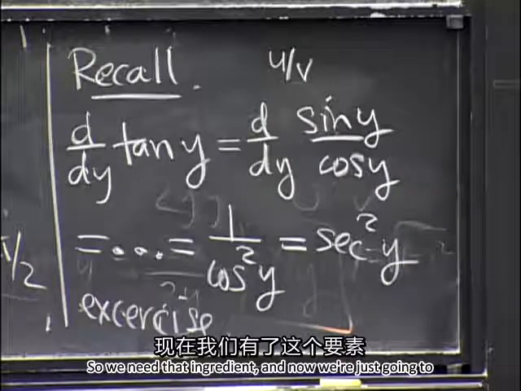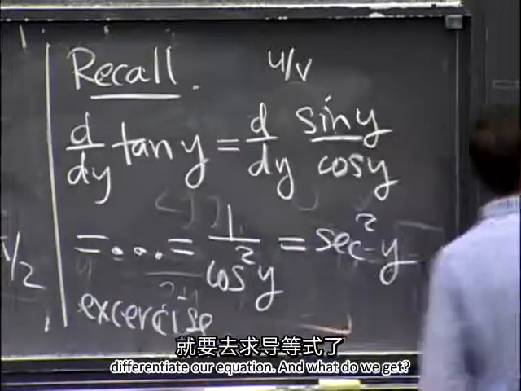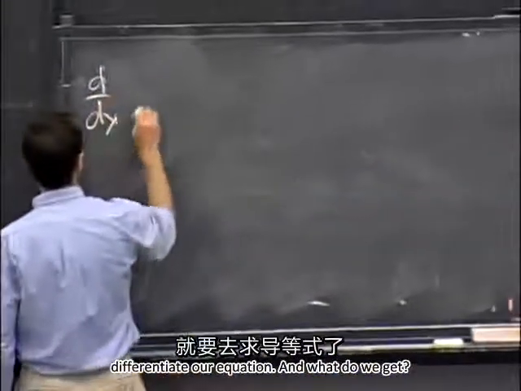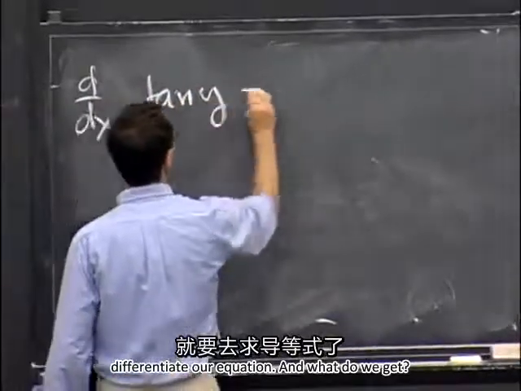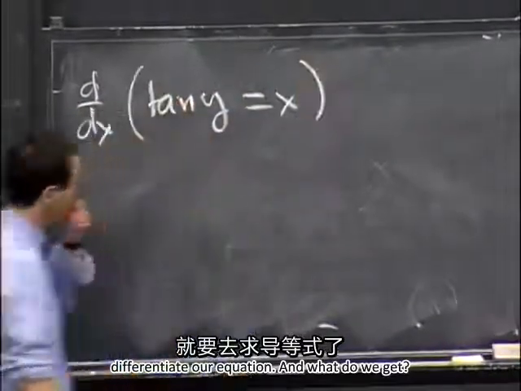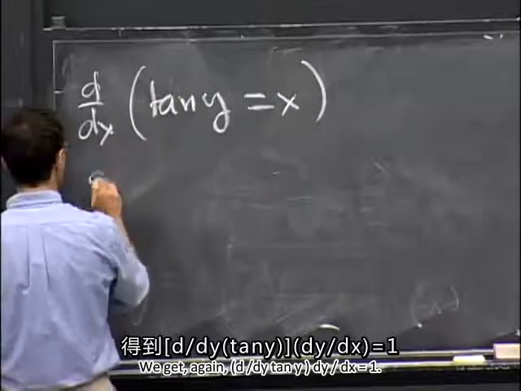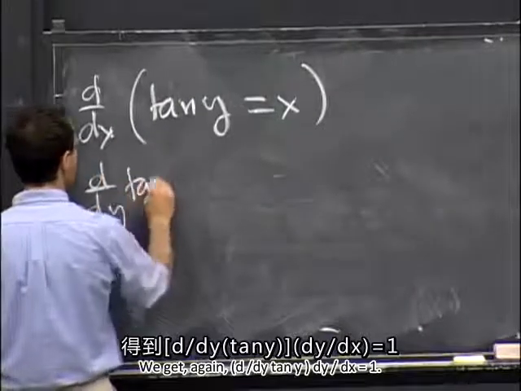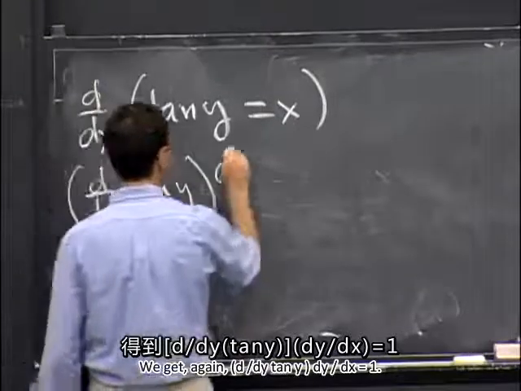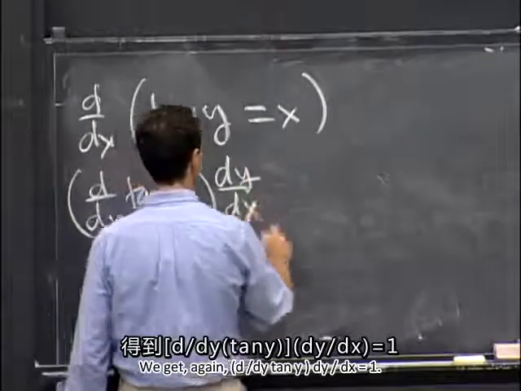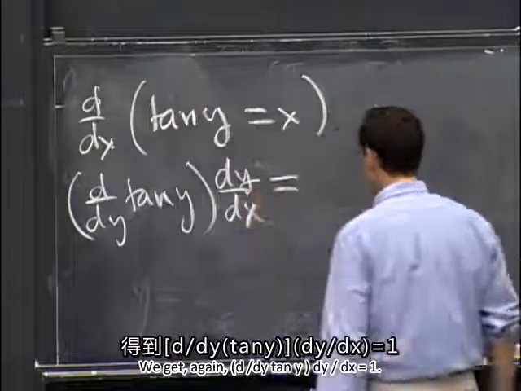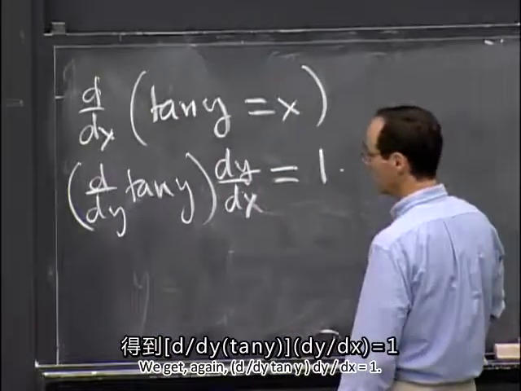Okay, so we need that ingredient, and now we're just going to differentiate our equation. And what do we get? We get, again, d by dy of tan y times dy dx is equal to 1.